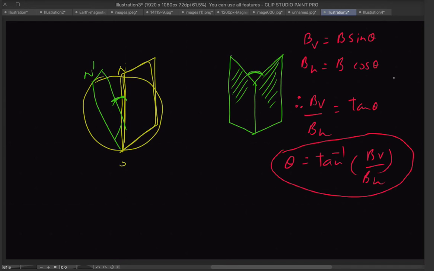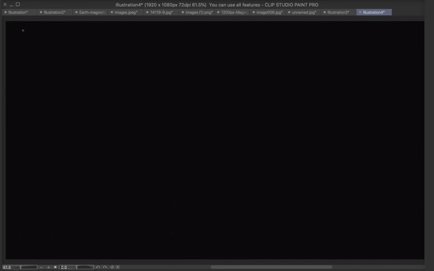One more thing I want to highlight over here is the values: B of V is equal to B sin theta and B of H is equal to B cos theta. So you can say that when theta is equal to 0 at the poles, we have the vertical component B of V equal to 0.